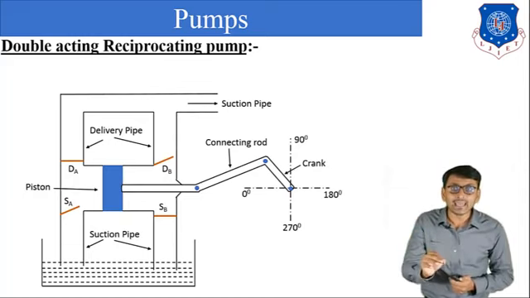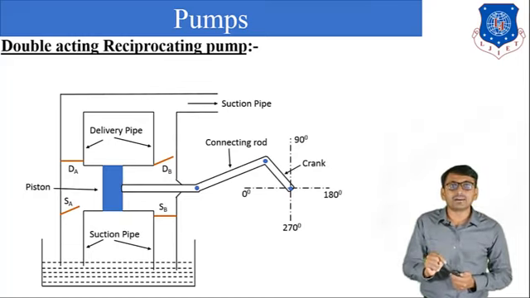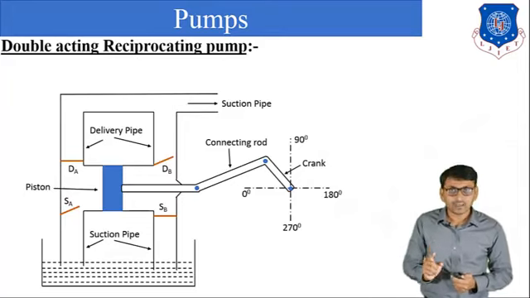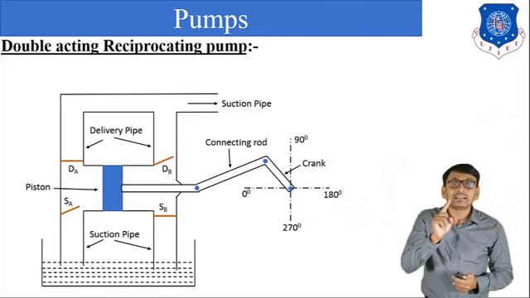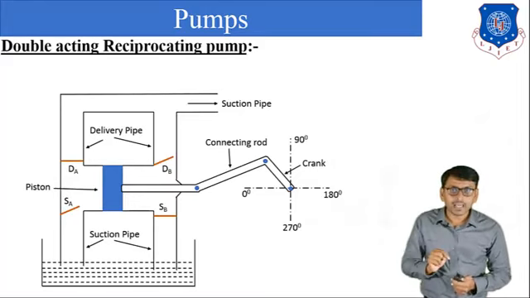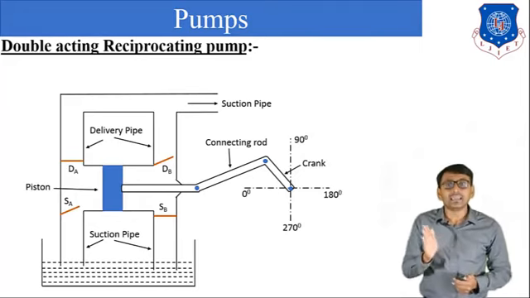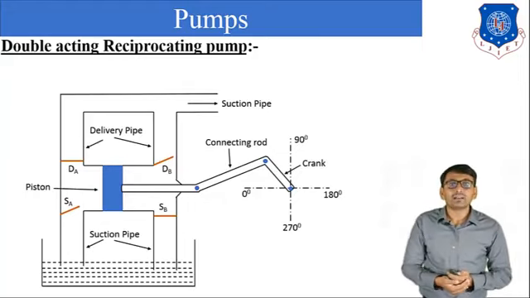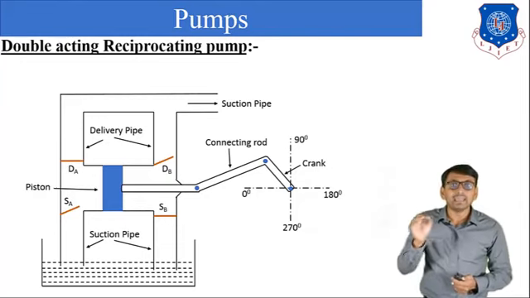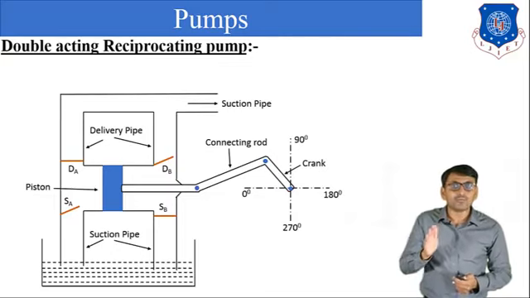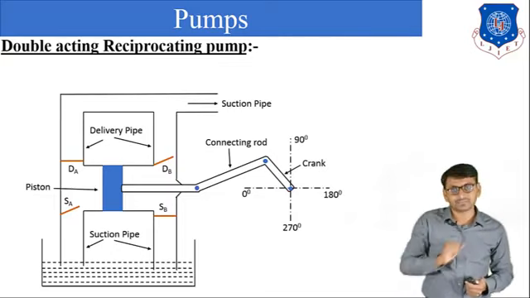So the SA valve opens and water enters the cylinder through the suction pipe, and at the same time the DB valve opens and the water present at the right side of the piston is discharged through the DB valve to the particular application.